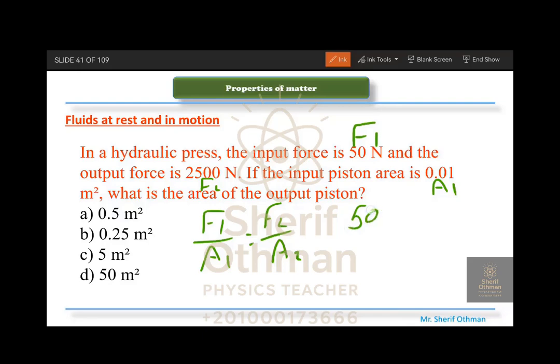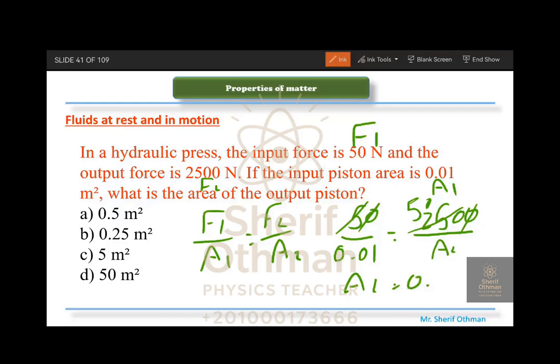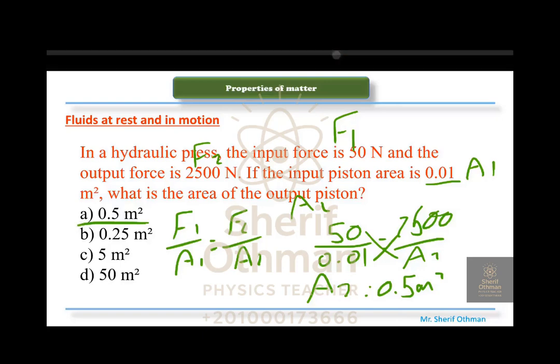F1, 50, divided by A1, which is 0.01, equals F2, which is 2500, divided by area 2 of the output piston. So A2 will be 0.01 multiplied by 50, and the answer will be half a meter squared.